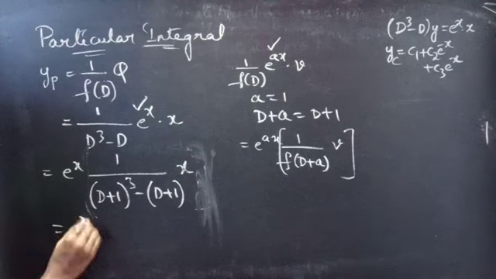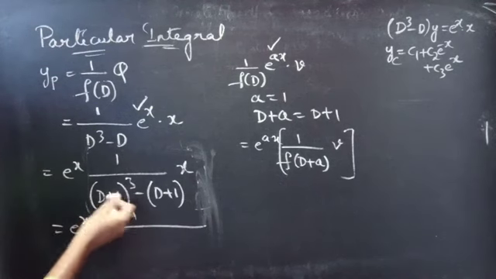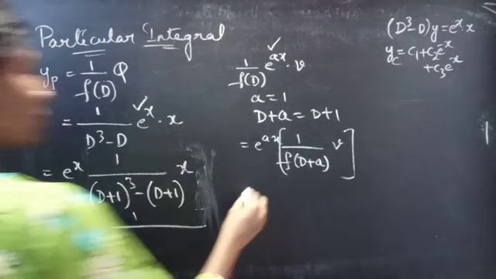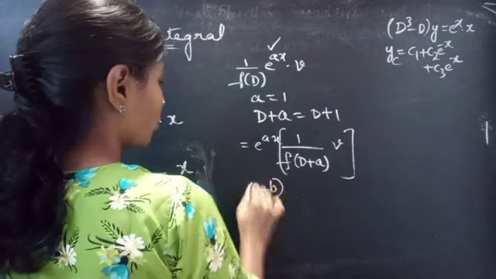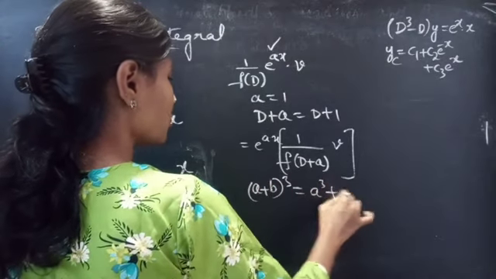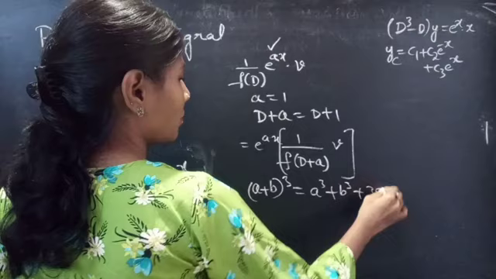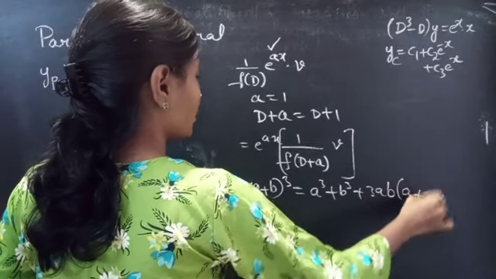This is equal to e power x into 1 by (D plus 1) whole cube. We know that (a plus b) whole cube equals a cube plus b cube plus 3ab into (a plus b).